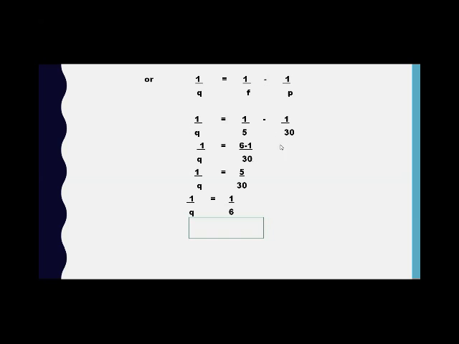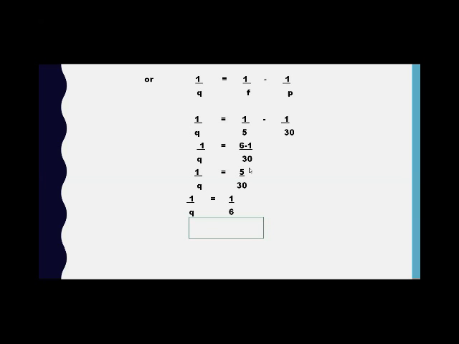Now we go to the next fraction. On the next fraction, the denominator is 30 and the LCM is 30. So they are matching, and we just write the numerator as it is. After that, we will simplify it. So here we will write 1 over q is equal to 6 minus 1, meaning 5, over 30, which remains the same.